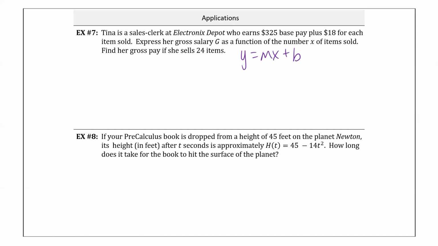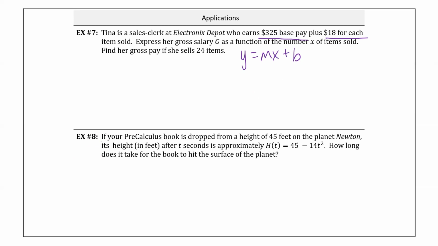In this case, I was even nice and said base pay to try to lead you to what your b was. It says base pay, right? And then 18 for each. So number one thing you should have left algebra 1 knowing is anytime it says each, per, by, that is your slope, correct? That value is your slope.